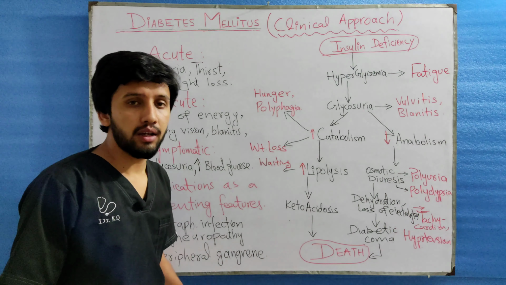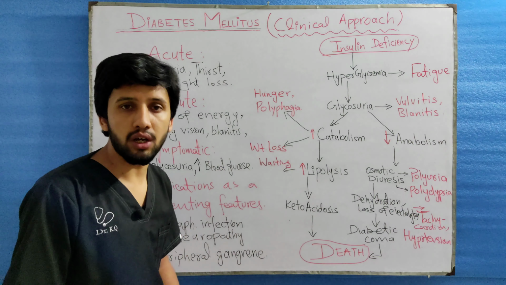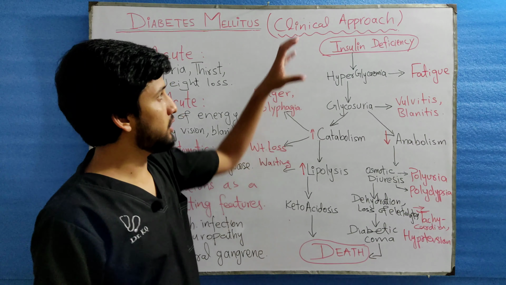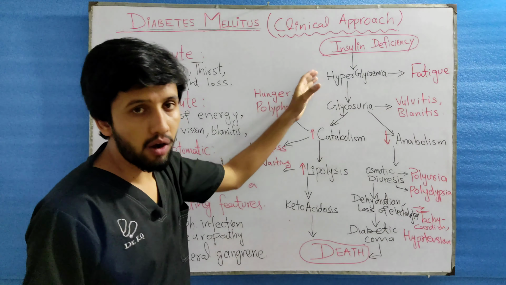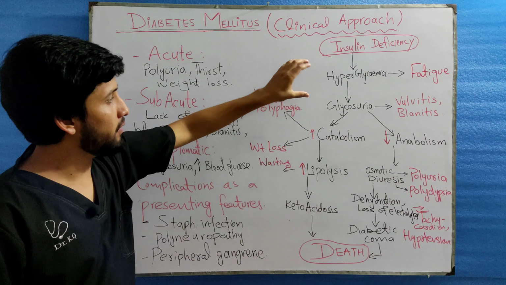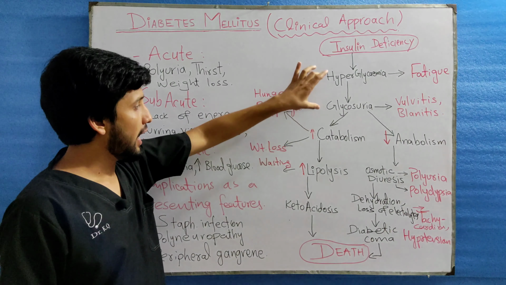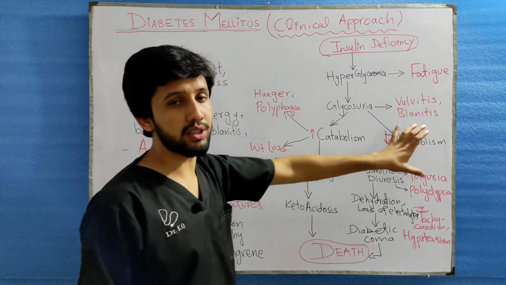So moving on, in diabetic patients the following signs and symptoms are due to the pathophysiology involved, which is insulin deficiency. Insulin deficiency will lead to hyperglycemia, which will lead to fatigue in the body. This hyperglycemia will lead to glycosuria and further increase catabolism and decrease anabolism.